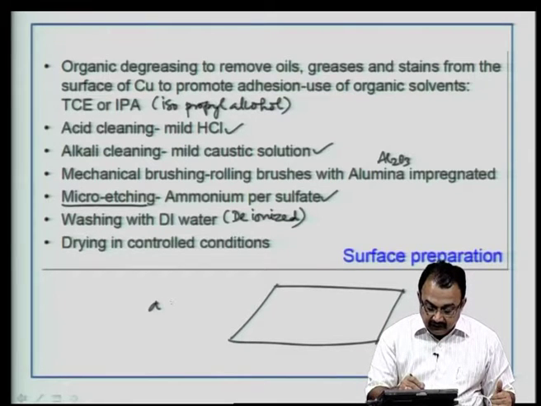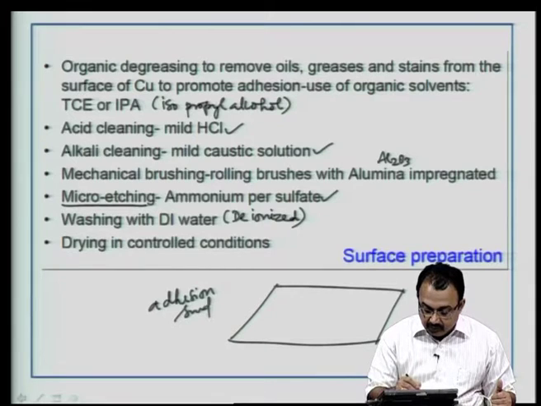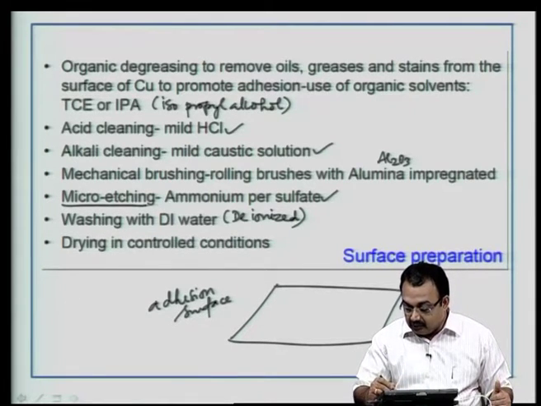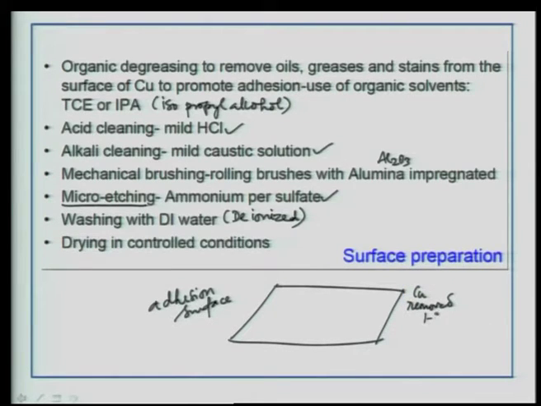So, for aiding very good adhesion onto the surface, you have to remove a few microns of copper. So, copper is removed, let us say about 1 to 2 microns from the surface, and it also provides a larger surface area compared to the structure that you get from the manufacturer.